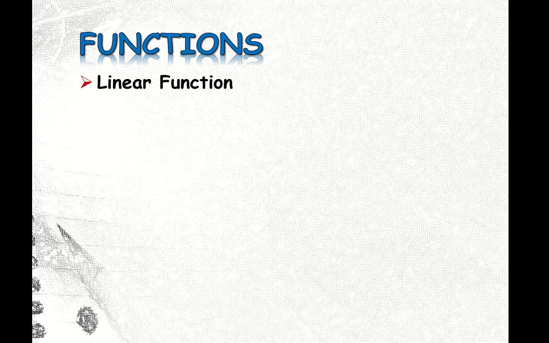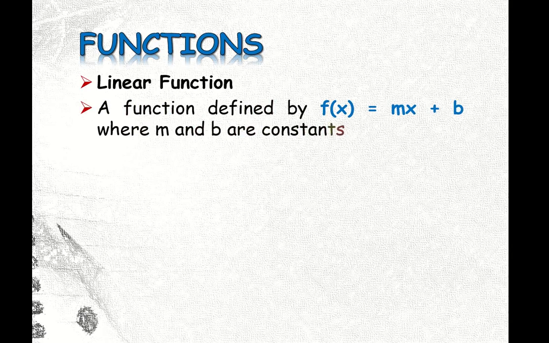Then linear function. So what is a linear function? A linear function is a function that is defined by f of x equal to m times x plus b, where m and b are constants and m must not be equal to 0.